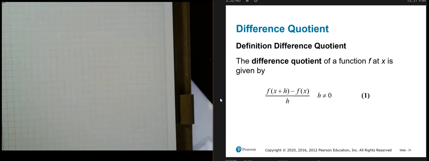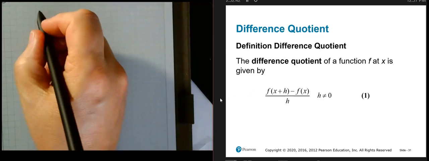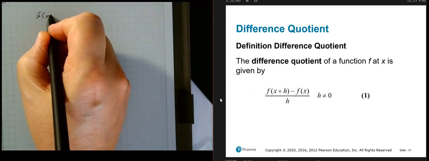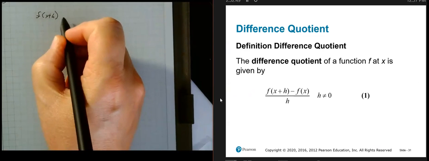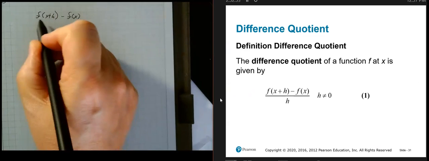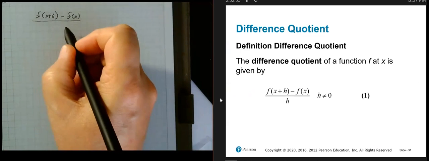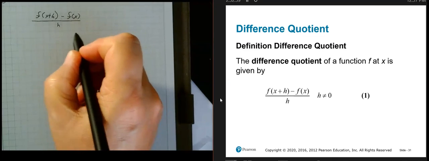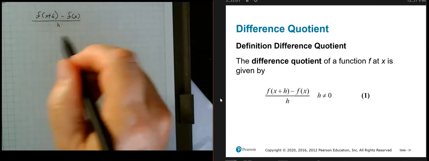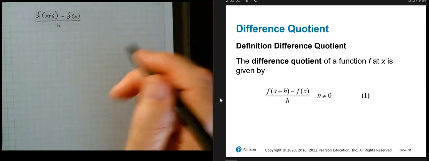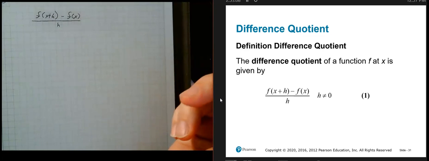So this is the difference quotient. f of x plus h. Oh, I didn't say this in the other class. When you have this on the test, notice I said when, not if, I will ask you to evaluate this or find out what its difference quotient is. I'll give you a function and ask you what the difference quotient is.